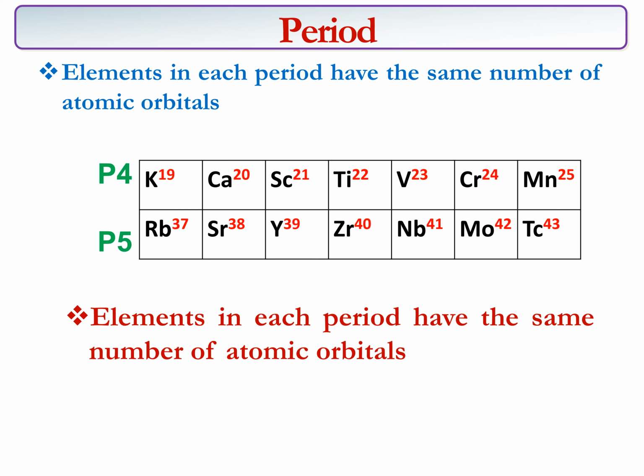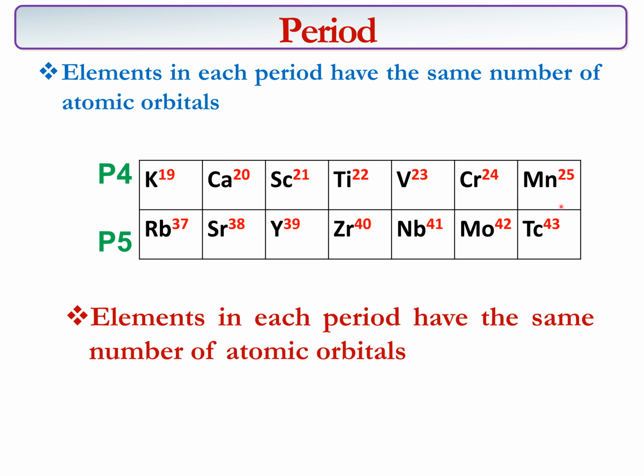So elements in each period have the same number of atomic orbitals. For instance, all the elements in period 4, each of them has 4 atomic orbitals. Potassium has 4 atomic orbitals. Calcium has 4 atomic orbitals. Titanium has 4 atomic orbitals.